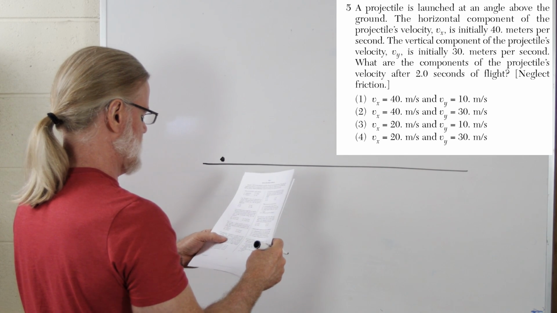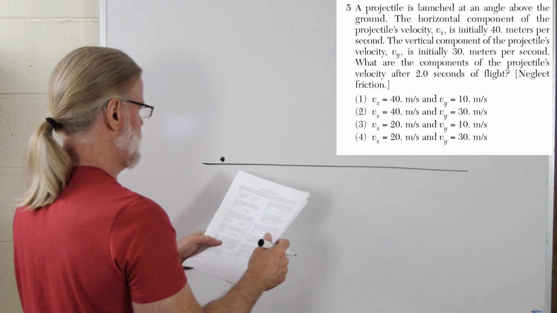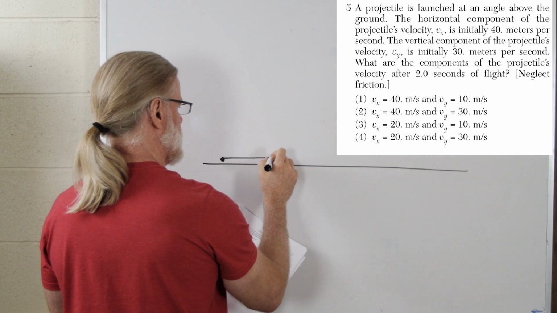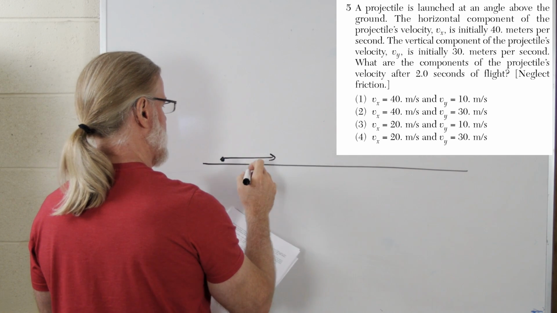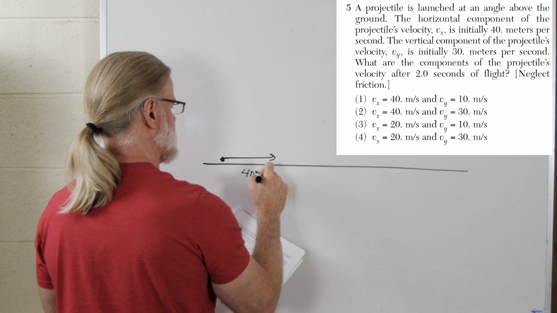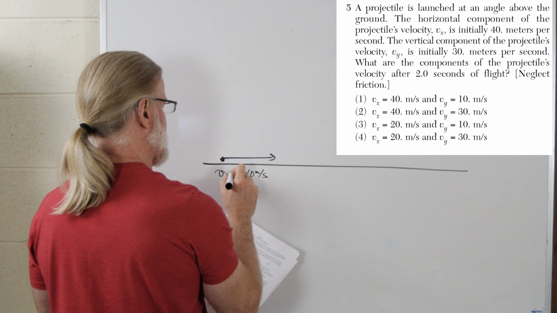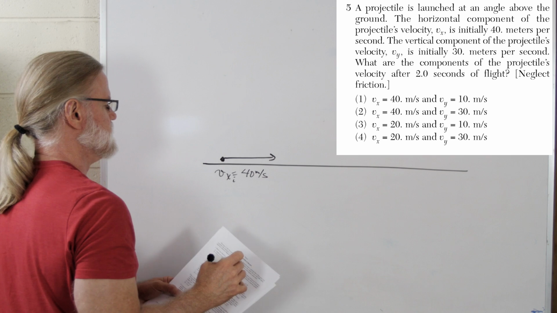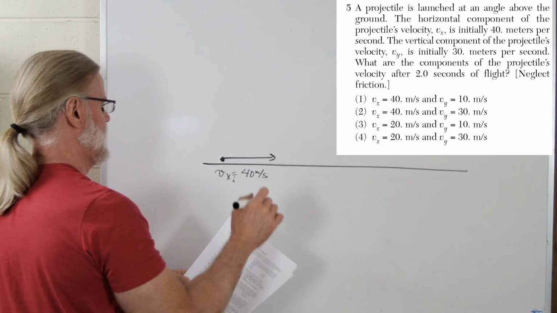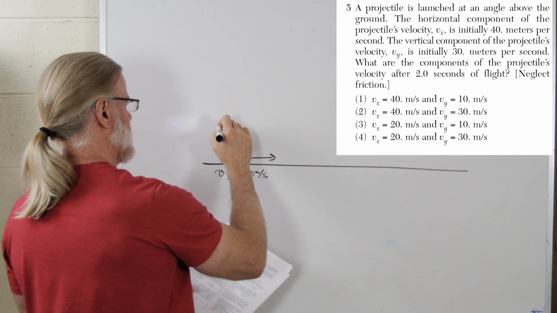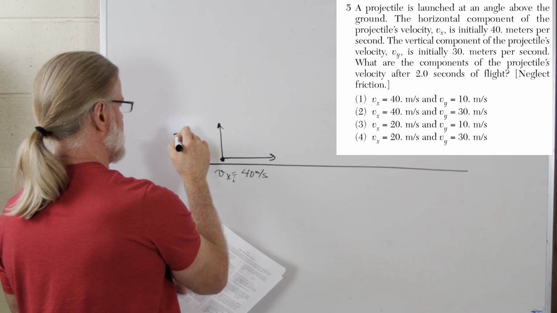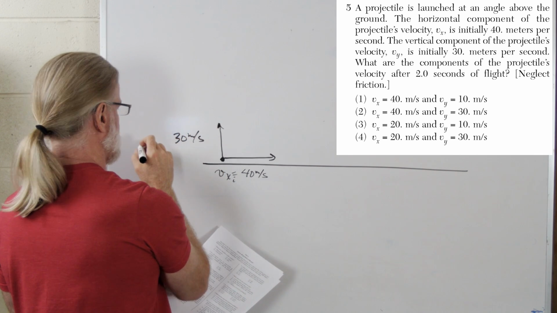It has a horizontal component of 40 meters per second. So it's going to be going that way at 40 meters per second. That's Vx initial. And in the y direction, looks like we're going to be 30, so a little smaller. 30 meters per second.